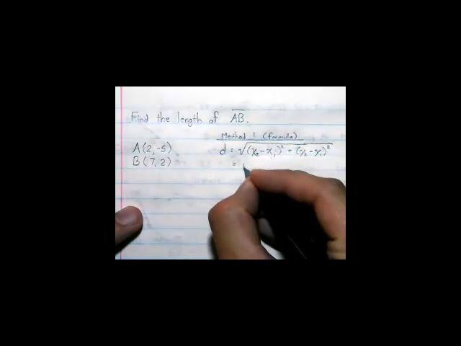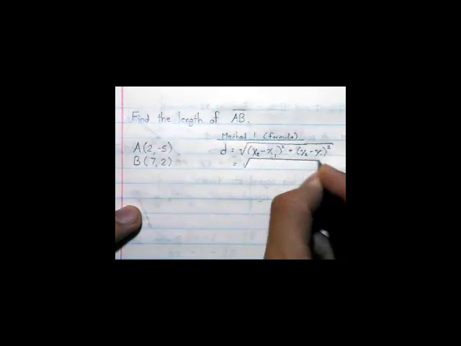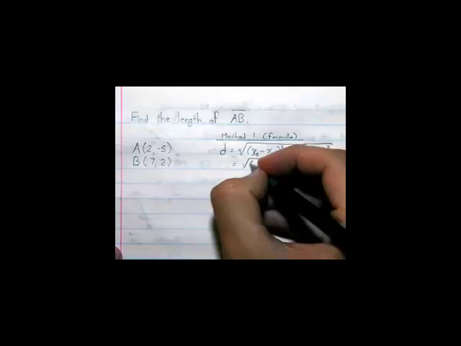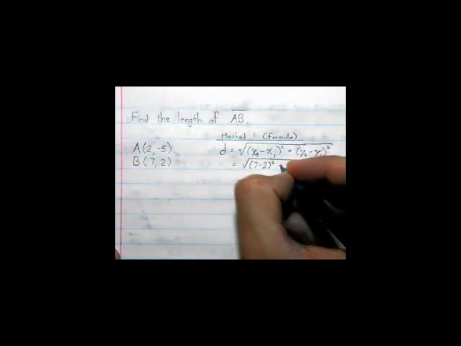So that's going to be the square root of x2 minus x1. Find the two x's. x2 usually refers to the second x, so that would be this one, and x1 is the first x, this one. So parentheses, 7 minus 2, squared.